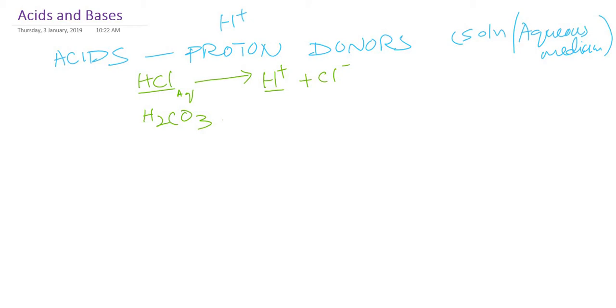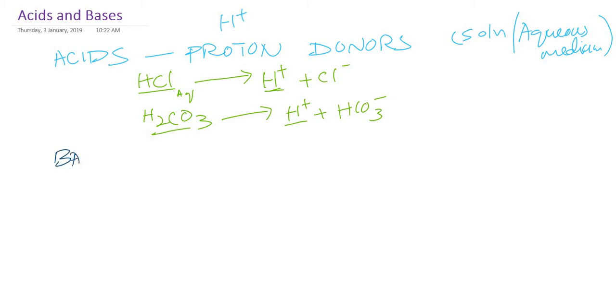Carbonic acid in aqueous medium also liberates protons and bicarbonate. These are examples of acids. So acids are substances capable of releasing or donating protons in aqueous solution. So, proton donors.